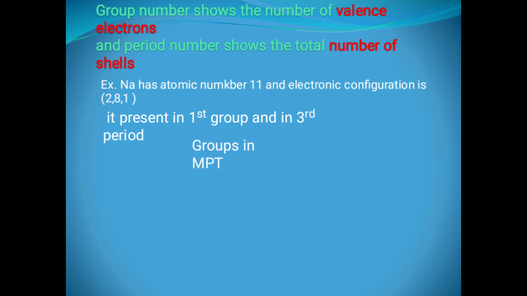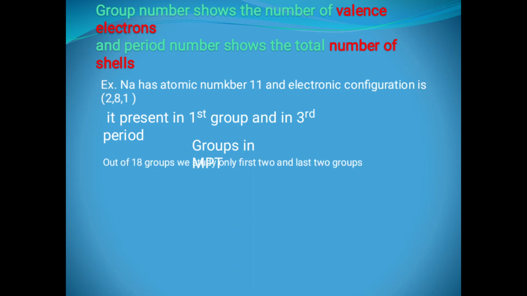The next topic is groups in the modern periodic table. There are a total of 18 groups, but we are not going to study all of them. We study only 4 groups: the first 2 groups and the last 2 groups.